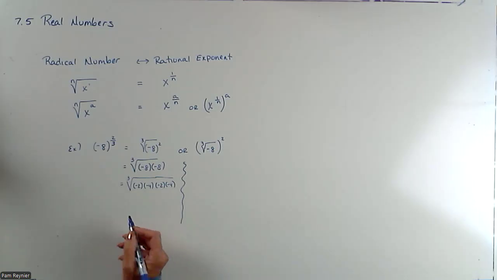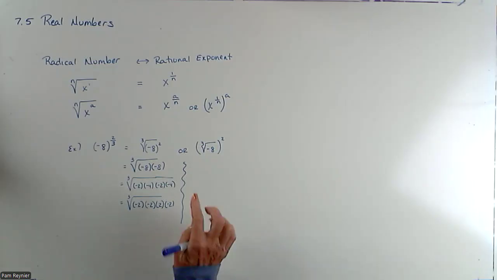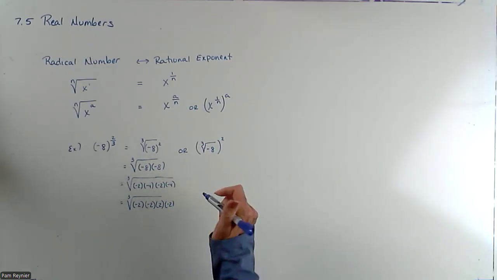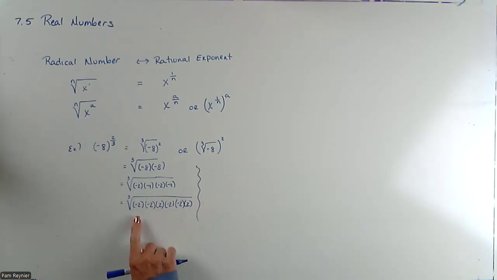Well, I don't have 3 identical factors yet. This -4, I'm going to say is -2 times 2. Now let's make sure this is still negative. Okay, where did I lose one?